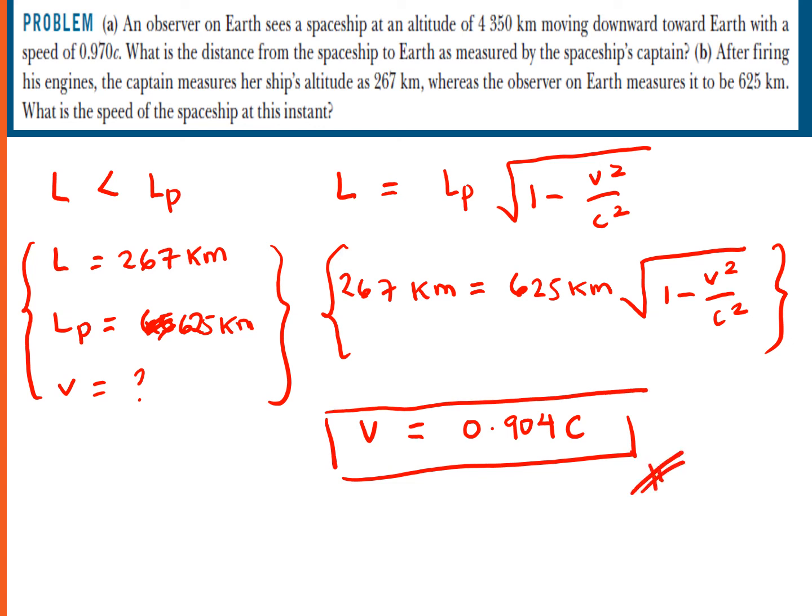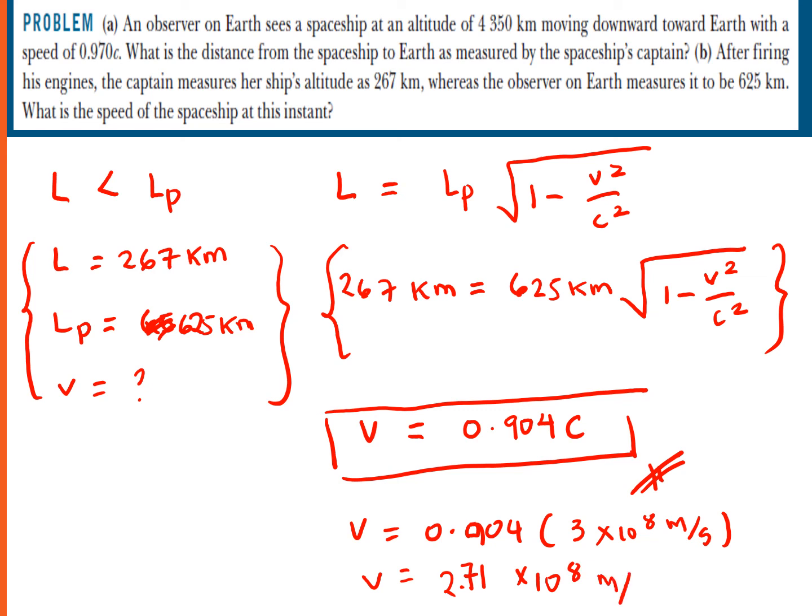And we have solved this equation. By the way, you may also express that as a proper number, wherein you would multiply this answer with the speed of light, which is 3 times 10 to the power of 8 meters per second, and that would give us about 2.71 times 10 to the power of 8 meters per second.